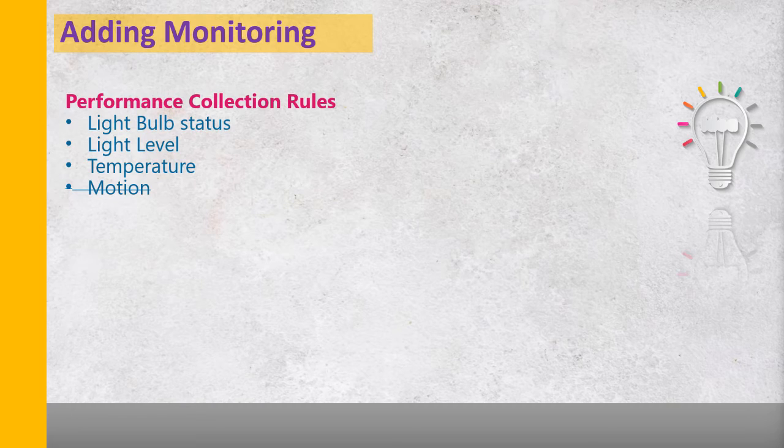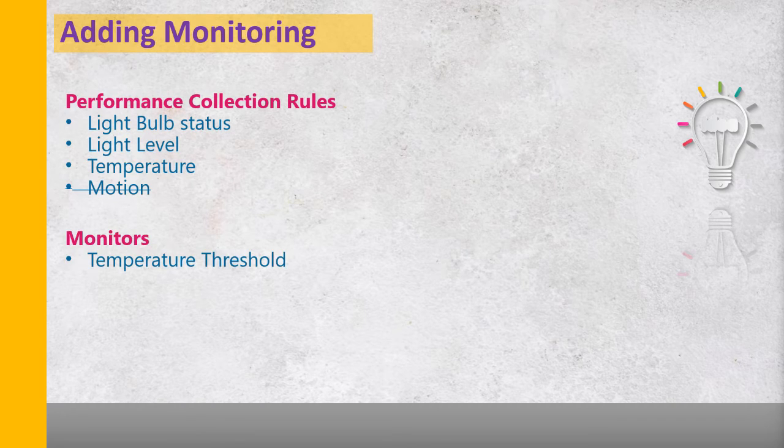So having a state change for only a few seconds is really hard to monitor for with SCOM while doing script calls to the interface, so I let that one go. Since I had the light of, for instance, the bathroom automated, the light bulb on or off status and the light level increase would clarify that there was motion anyway.